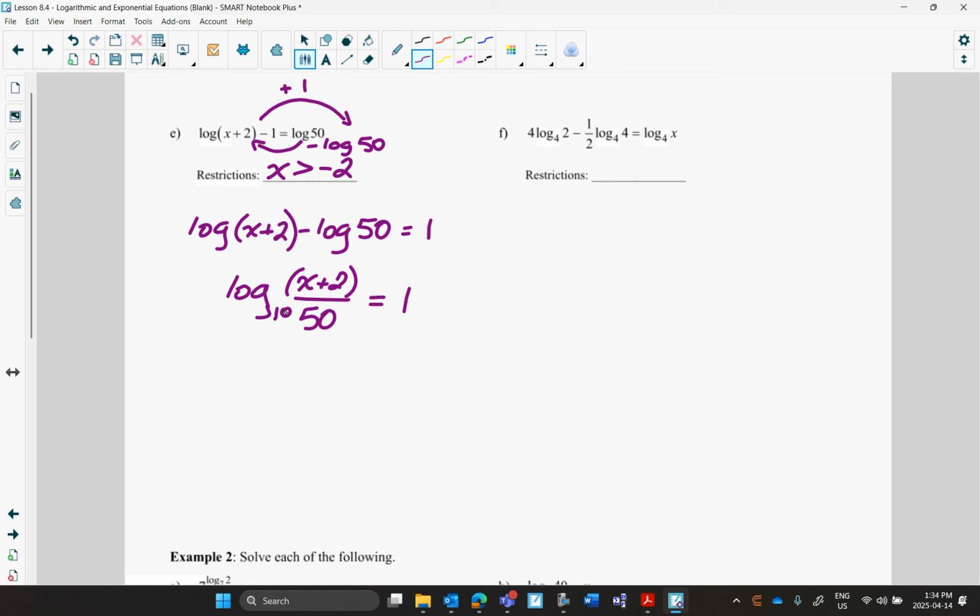Remember, there's no log base, so we assume it's 10. Therefore, 10 to the 1 equals this whole expression. So 10 to the 1 equals x plus 2 divided by 50, or just plain old 10.